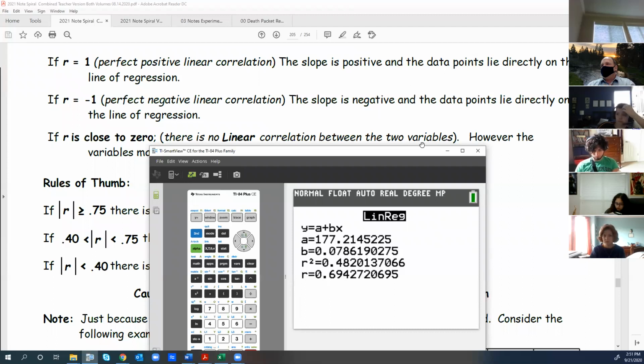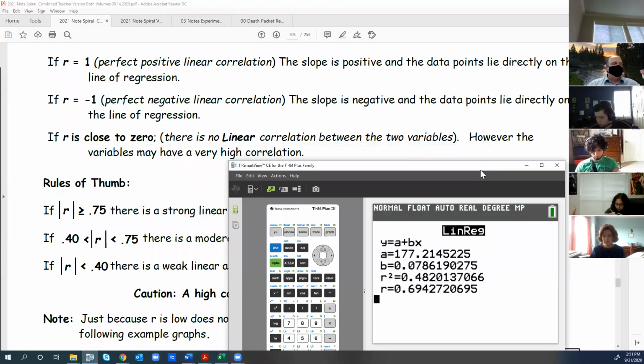If we have a correlation of -1, that means we have a negative slope, and every single data point lies directly on the predicted line. It's a perfect correlation, all right? If we have a positive 1, we have a positive slope, and once again, every single data point lies directly on the predicted line.